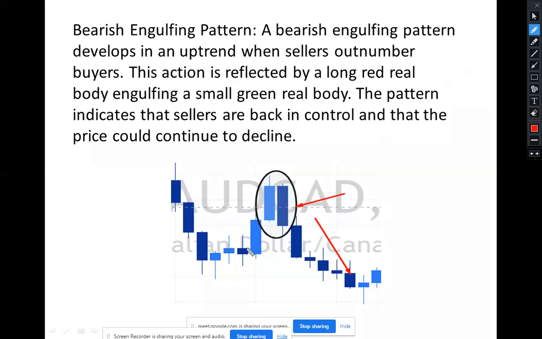Here, buyers are pushing the price higher, but immediately the market changes and sellers enter. The sellers engulf the real body of this green candle, which indicates they are back in control and the price could continue declining. So they should start pushing the price downwards.